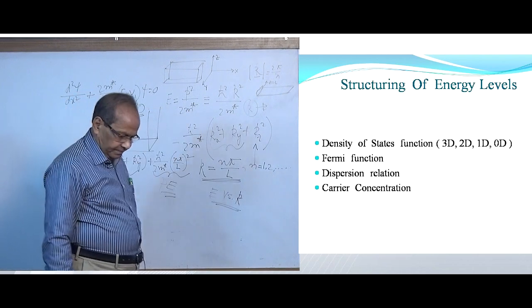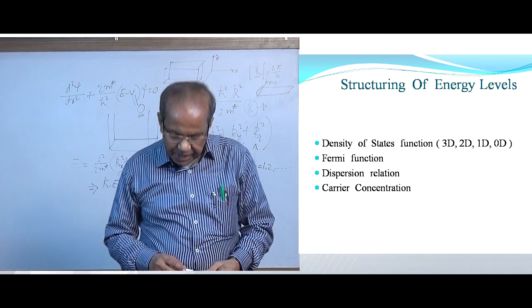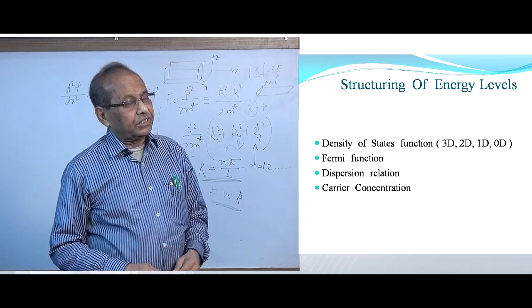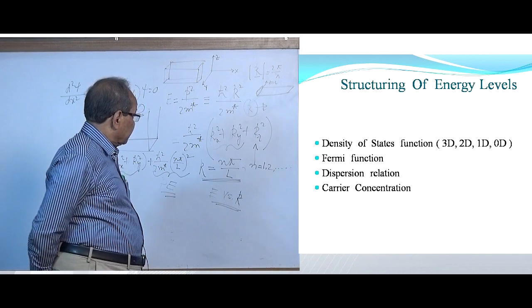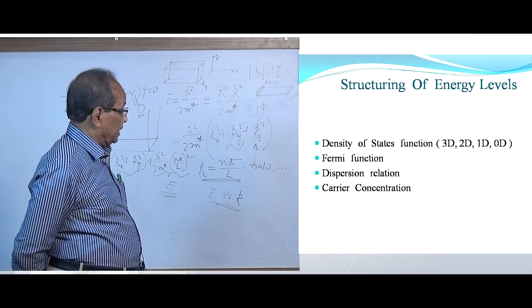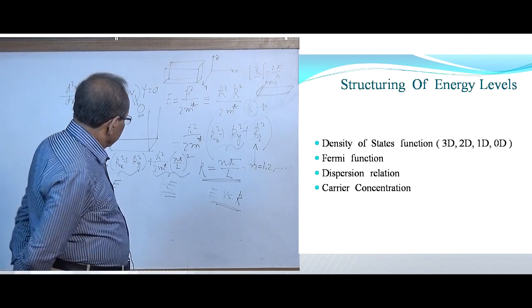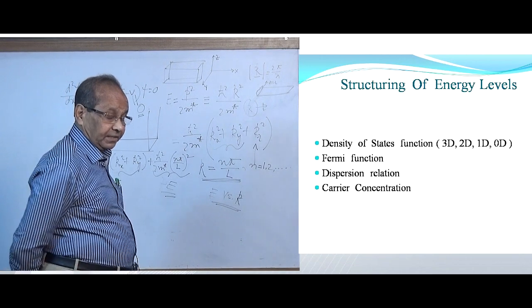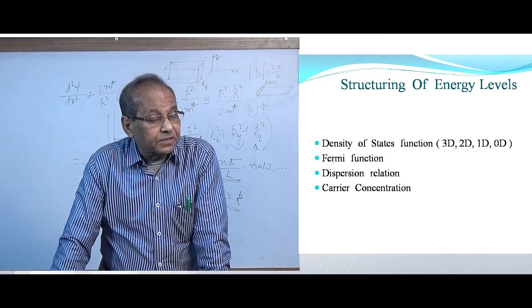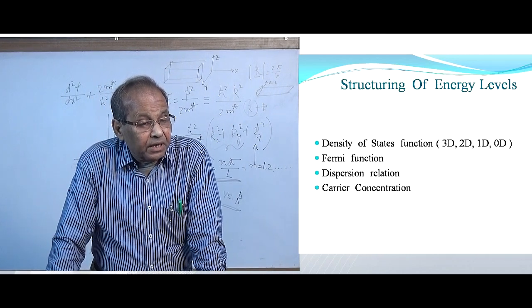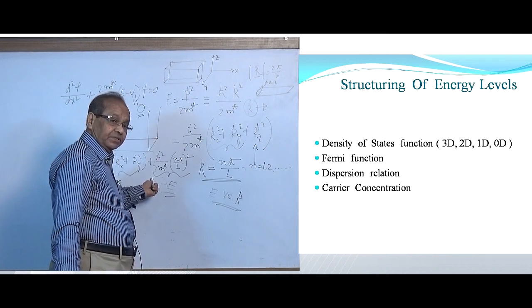Now with this idea, we shall define another quantity which is very important in order to understand the transport, I mean the voltage current relation in nanomaterial, that is the density of states. So the term density of states is important, and it comes because of the restructuring of the energy levels.